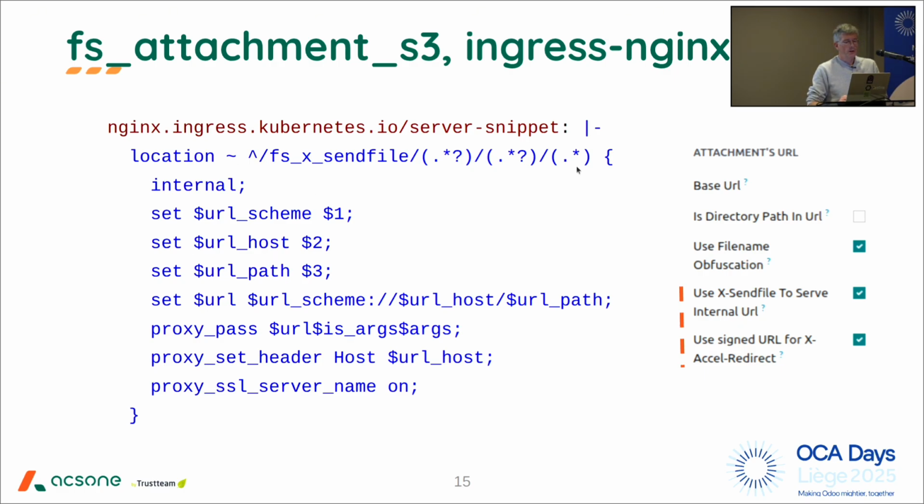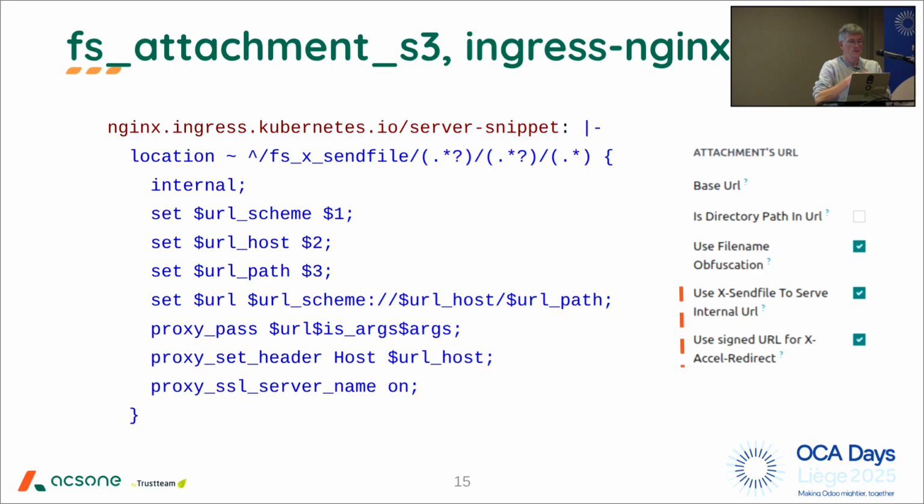You put in a location with a regular expression where you extract the scheme, which is going to be HTTPS, the host, which is going to be your S3 bucket host, and then the rest of the path is going to be the pre-signed URL. This is called an internal location, which is not accessible from the outside.